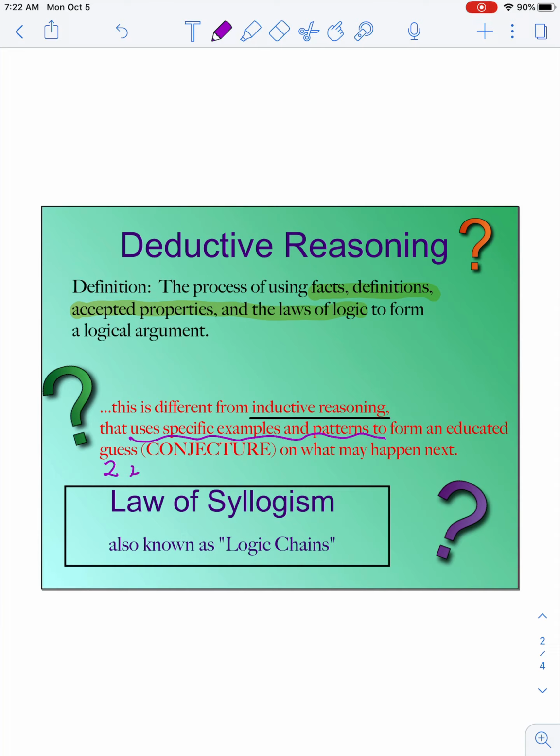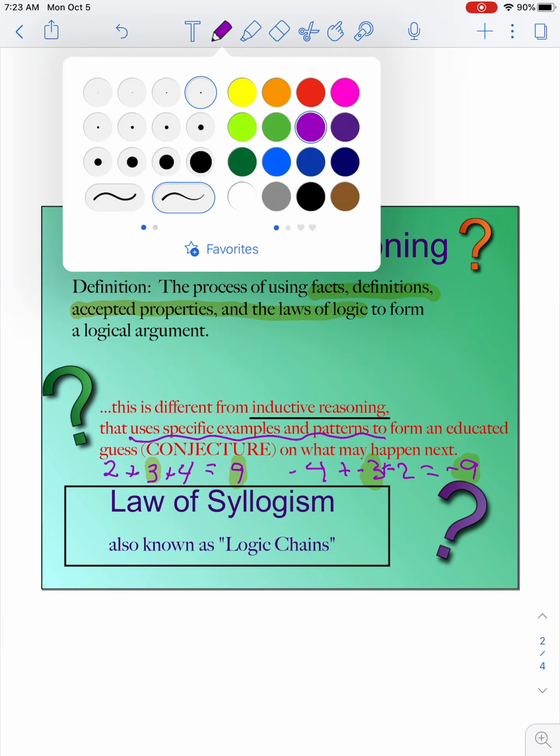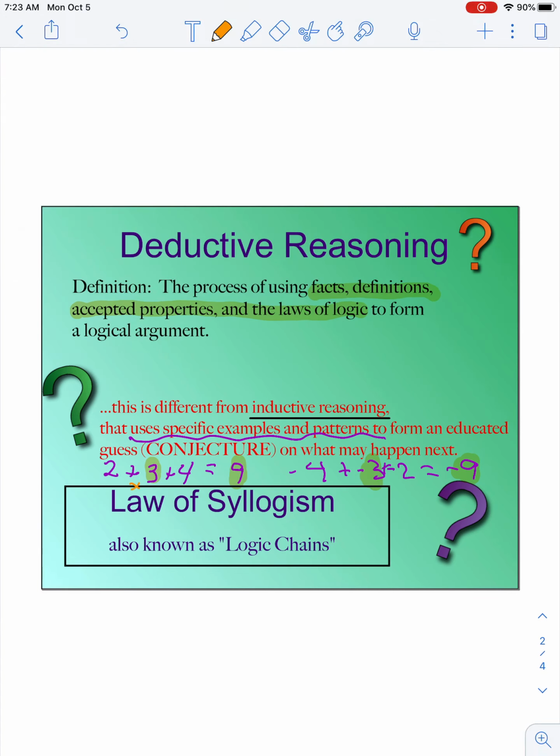And we did this earlier on when we started to look at the sum of 3 consecutive integers, and then we made a conjecture after we looked at the several different patterns. And what we said is that we started to notice that it's the middle integer times 3 that gives us that other integer. So that was our educated guess, that we take our middle integer times 3 and it gives us our sum.